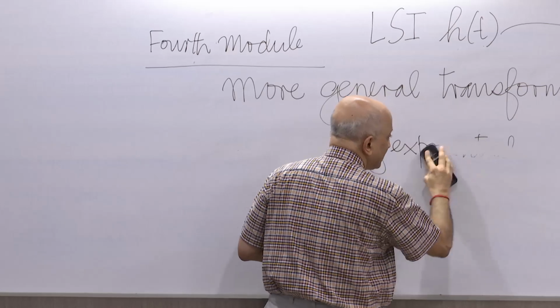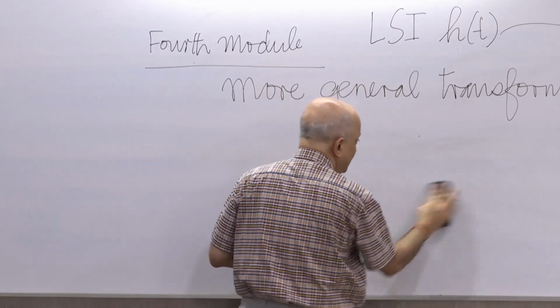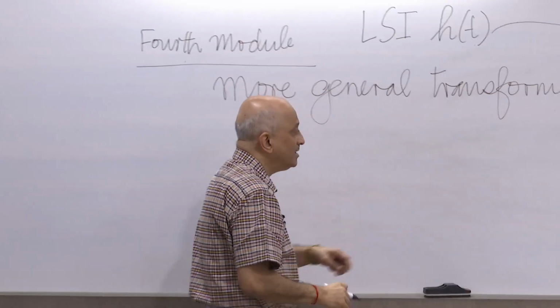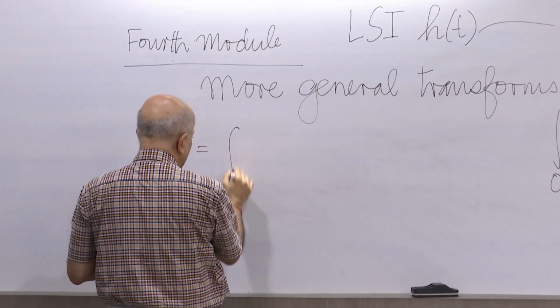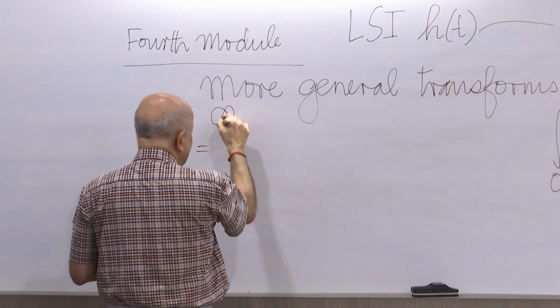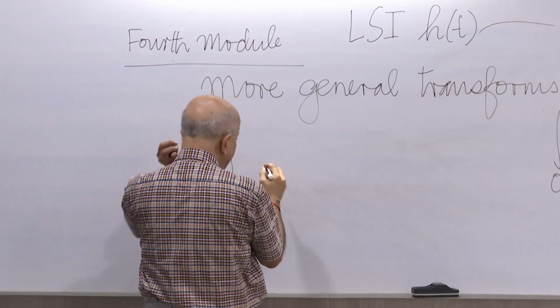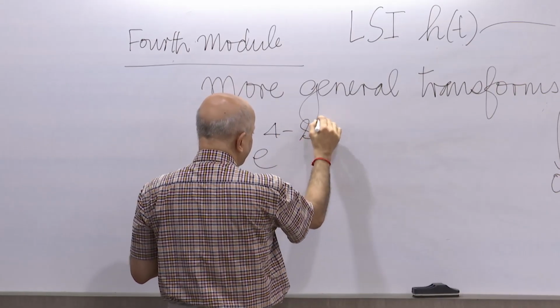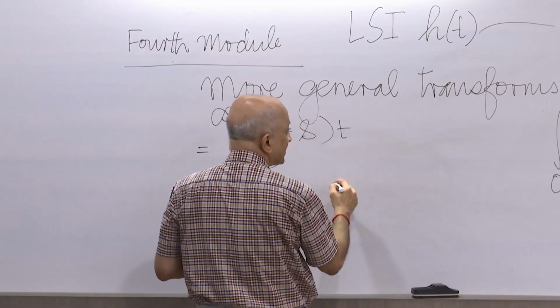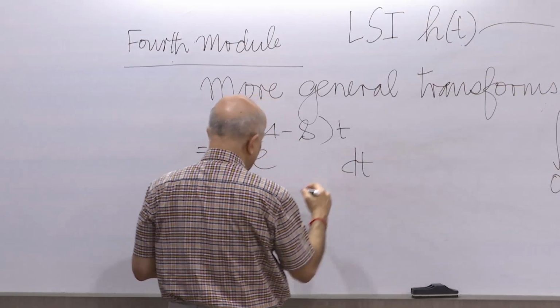Now let us look at this. You may rewrite this as the integral from 0 to infinity of e raised to the power (4 minus s) t dt.